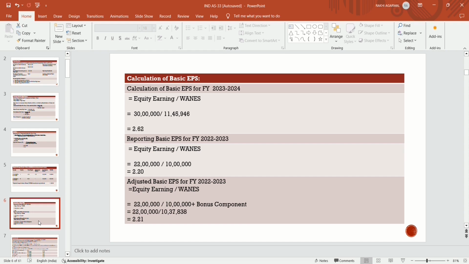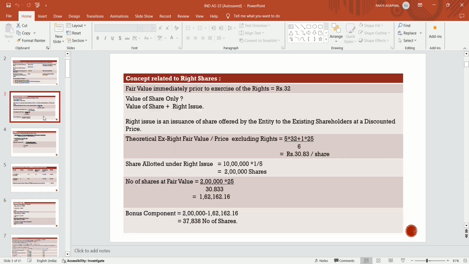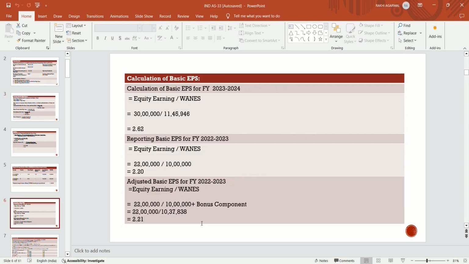But after giving the effect of bonus issue, the restated basic EPS for the financial year 22-23: net profit attributable to the equity shareholders is 22 lakhs divided by 10 lakhs shares outstanding plus bonus component 37,838 shares. So it becomes 2.21. That is the restated basic EPS for the financial year 22-23.